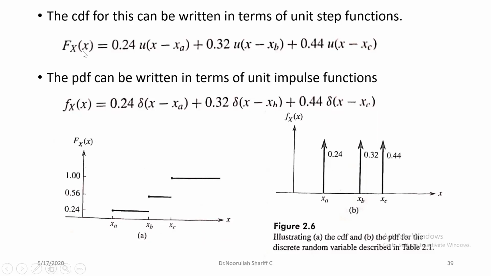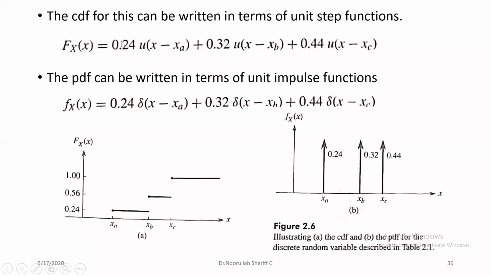Between xb and xc, because x is greater than xa, the first term will be equal to 1, and because x is greater than xb, the second will also be equal to 1, whereas the third will be equal to 0 because x is less than xc. So only these two will be 1 when we are between xb and xc.